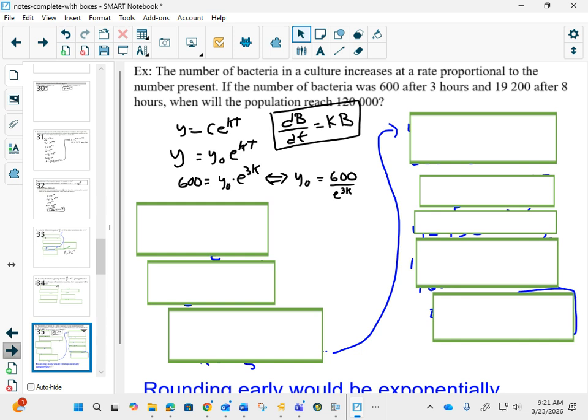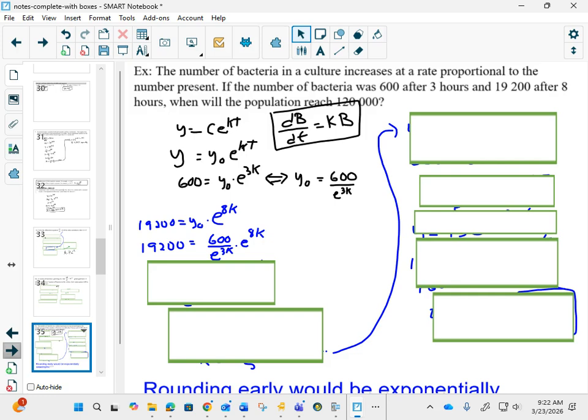You could keep it as c. And you wouldn't know k. If you plug in your second value, you would get a second equation where you don't know your initial value and you don't know k. And if you have two equations with two unknowns, then you can use substitution or elimination to solve.